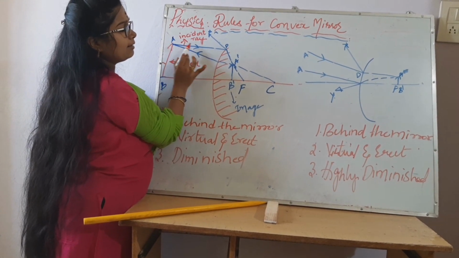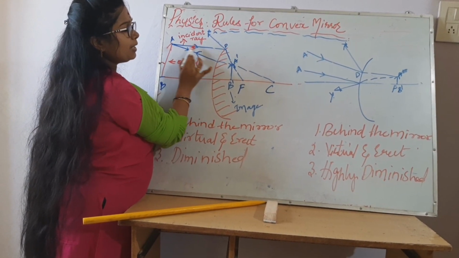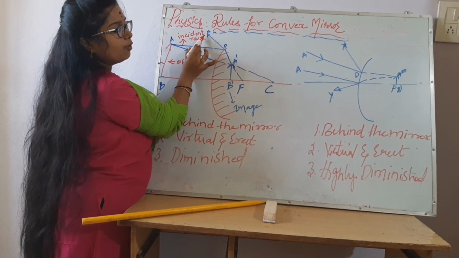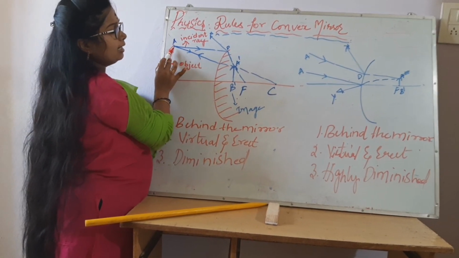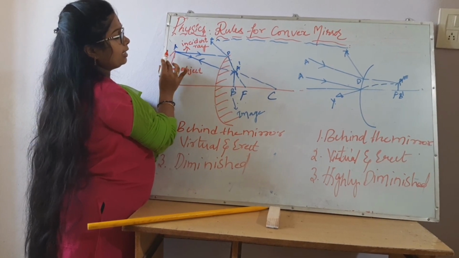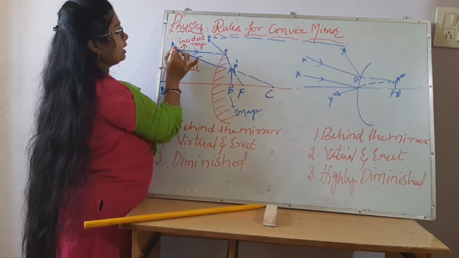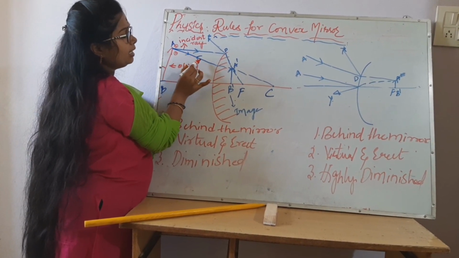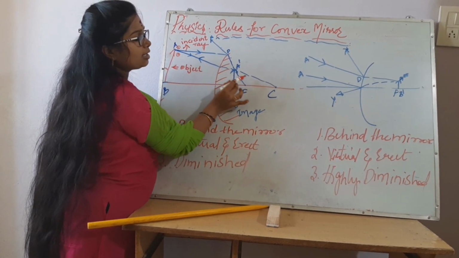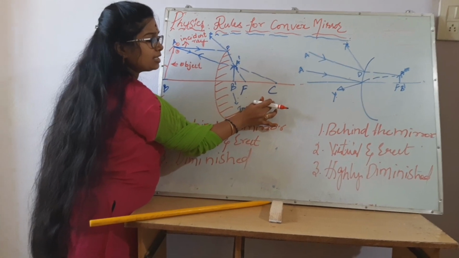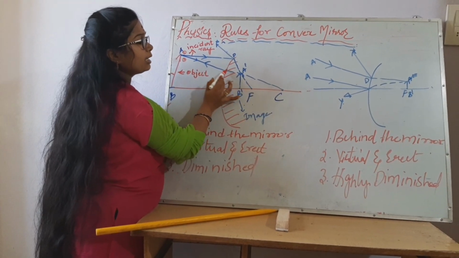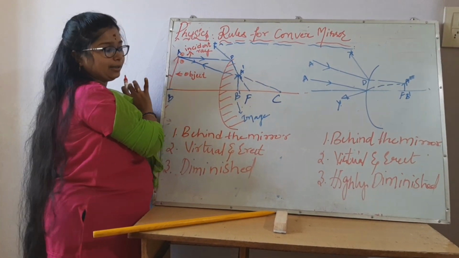When a ray travels parallel to the principal axis, the reflected ray seems to come from where? From the focus. And here is another ray, ray 2. This is ray 1 and ray 2. Ray 2 seems to be coming from the center of curvature. What is the rule for the center of curvature? If it is coming from the center of curvature, it reflects back along the same path.